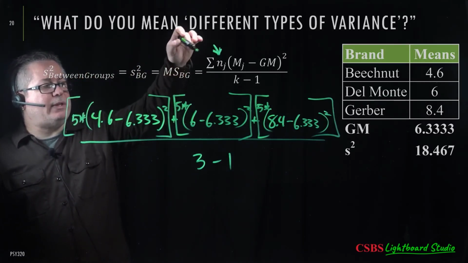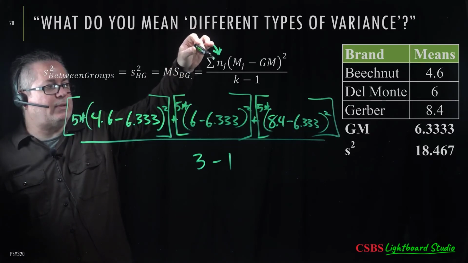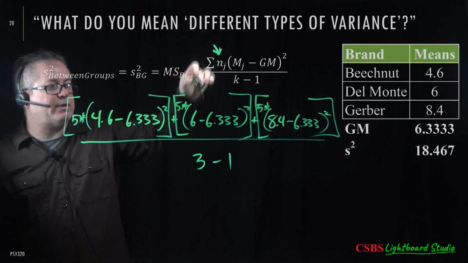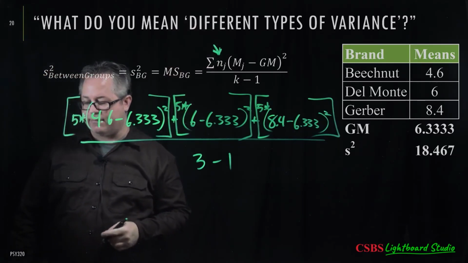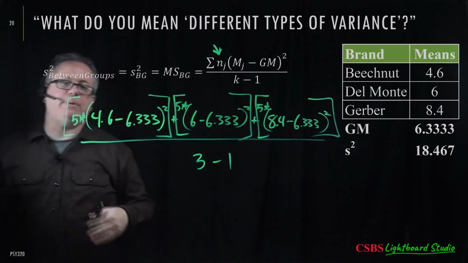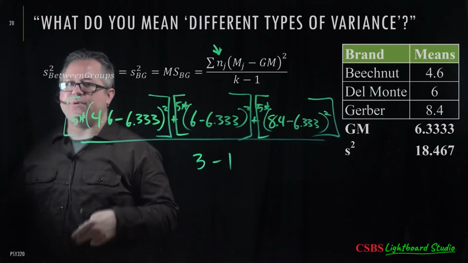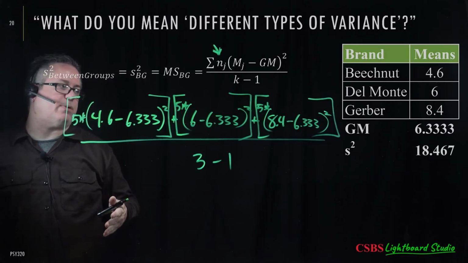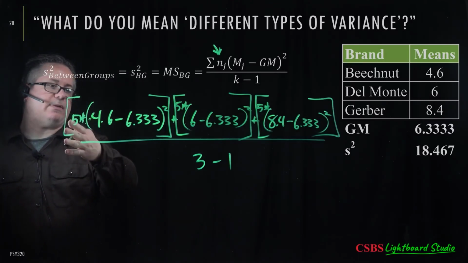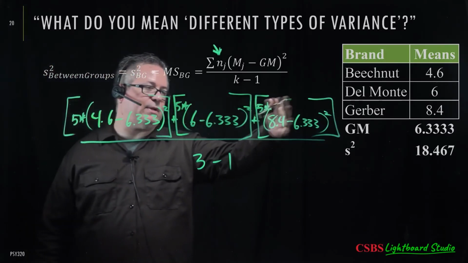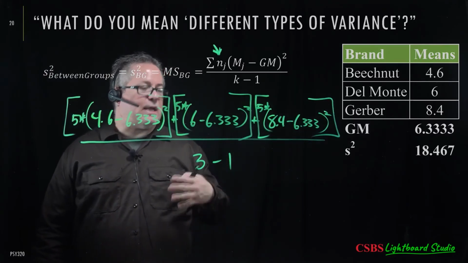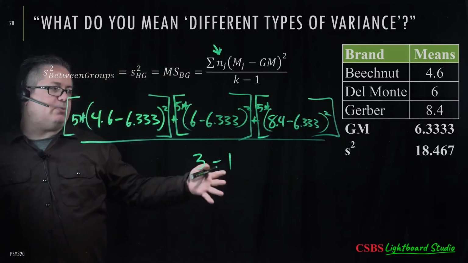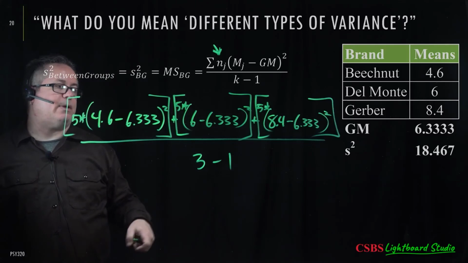Now, it's written this way with n sub j because in reality, and this doesn't apply for our particular example, you could have groups that have different numbers of subjects in each one. This one could have 6, this one could have 7, that one could have 10. It just happens that our 3 groups are exactly equal, but it doesn't always have to be that way.